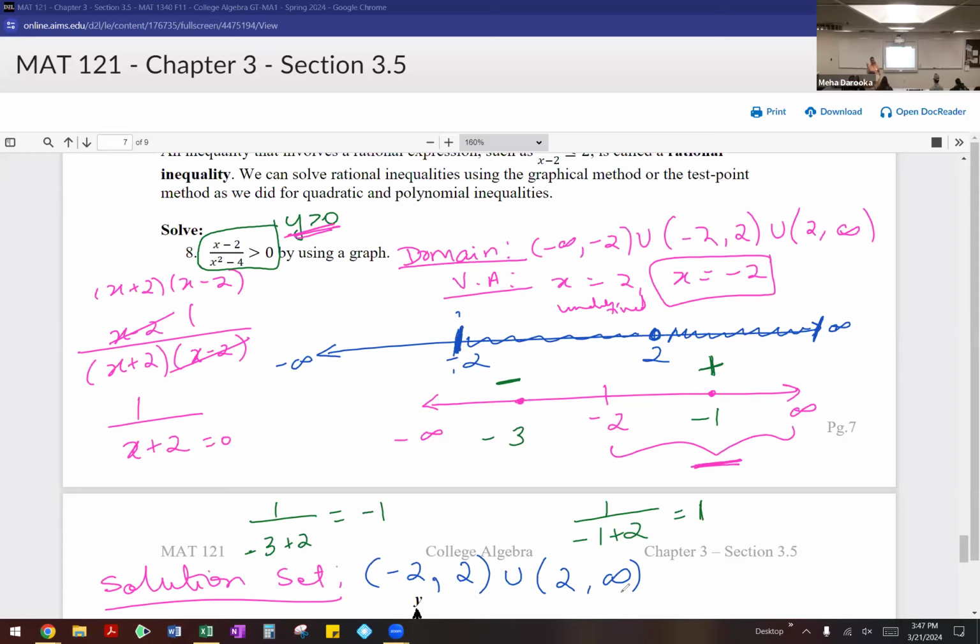All right, guys, do we see why it's not just -2 to infinity and why that 2 needs to be left out? On Zoom, are you okay seeing why the +2 also had to be left out? Danny, are you okay with that? Okay. Anybody else have a question on this?